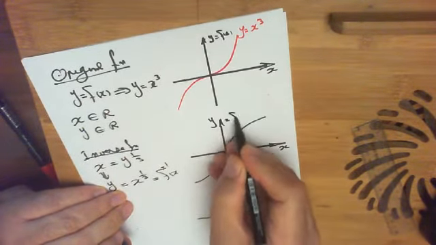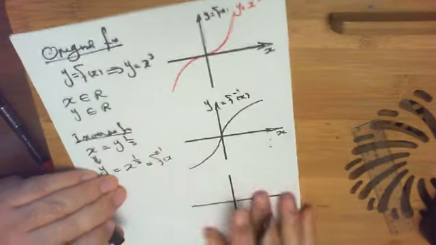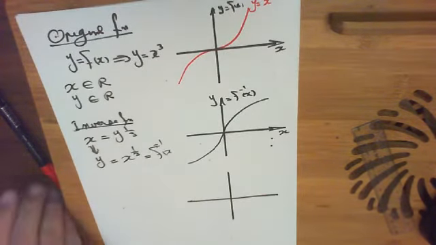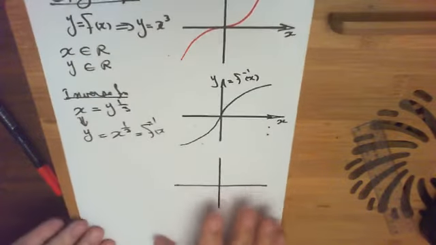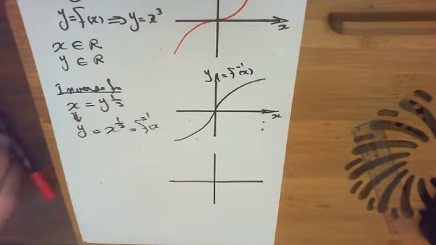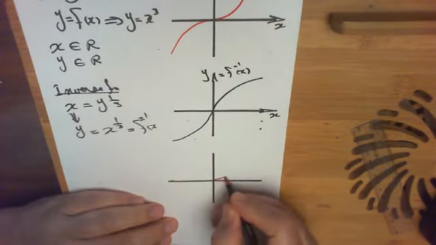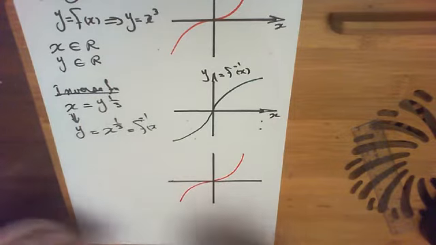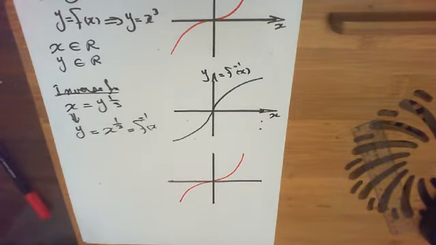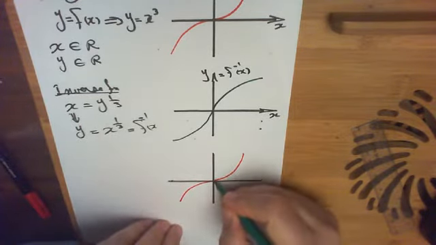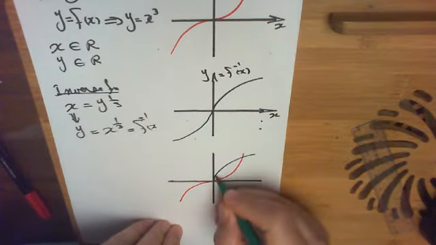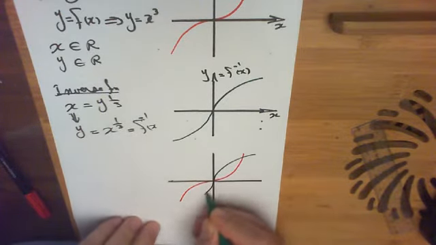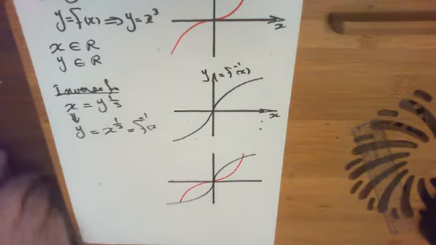This is y equals f minus 1 of x. Let us redraw the two functions on the same axes. This will be f of x and this will be f minus 1 of x.